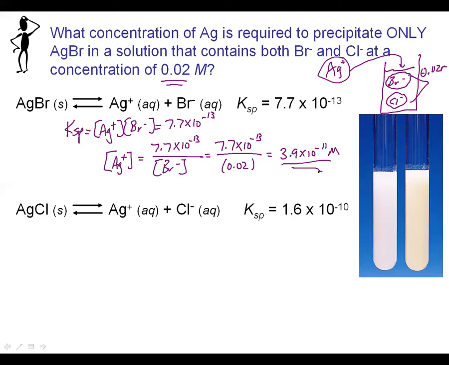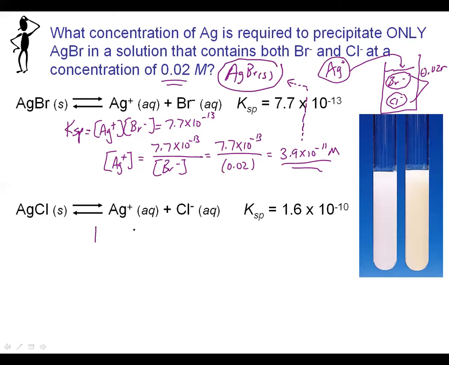But as soon as my silver concentration gets to 3.9 times 10 to the minus 11, I should start to see the silver bromide precipitate out. That is when I should start to see the bromide part coming out, so I will see some white solid being formed. I could continue to add silver above that concentration. We could also do the same calculation for our chloride.